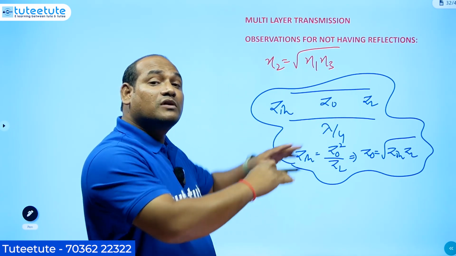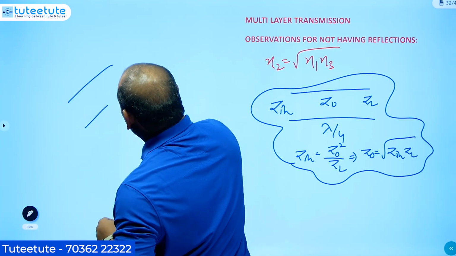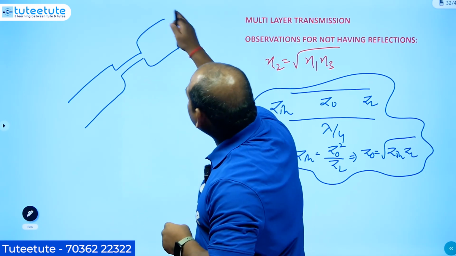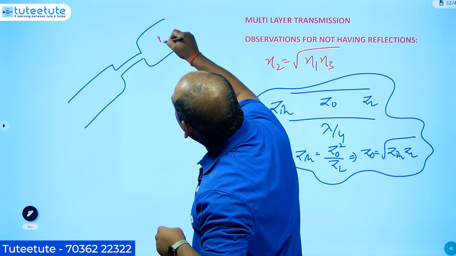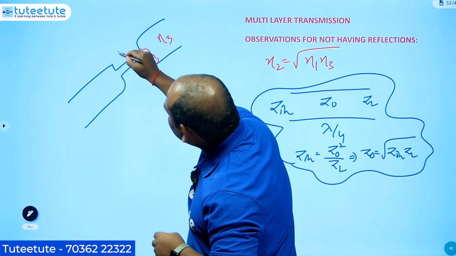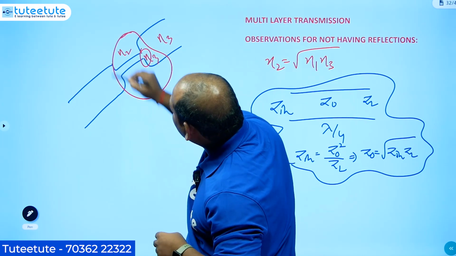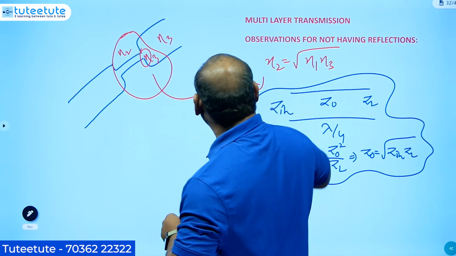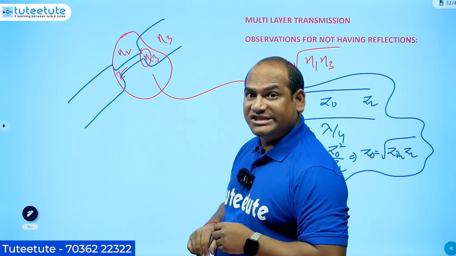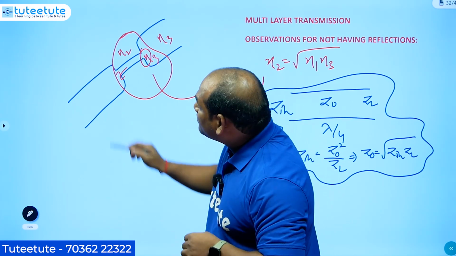Now in our concept, come to the multi-layer system having 3 media: 1, 2, 3. Forget about the other medium, but it has eta 3 as characteristic impedance, so that its load impedance is eta 3, its characteristic impedance is eta 2, and then its input impedance we can calculate. Its input impedance we have taken as Z. For not having reflections, what is required here?